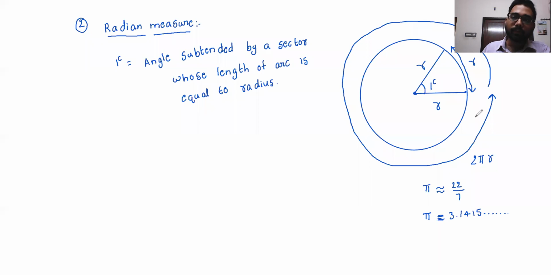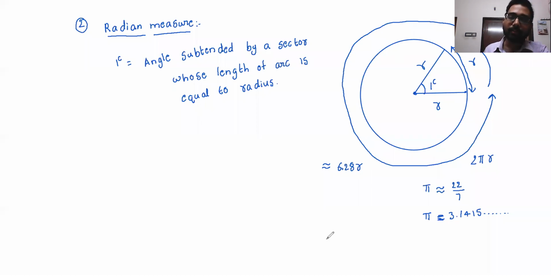Now we know that the circumference of the circle is approximately equal to 6.28 times the radius. So when you try to make sectors like this, we'll get 6.28 sectors.